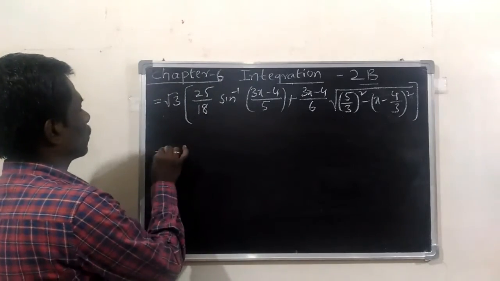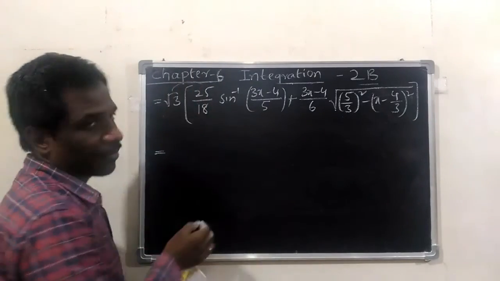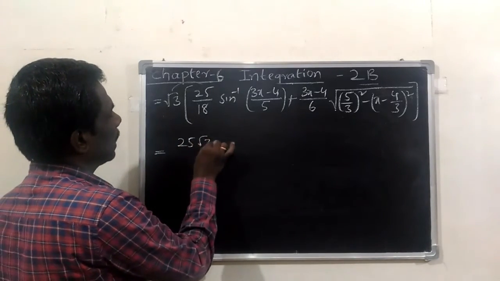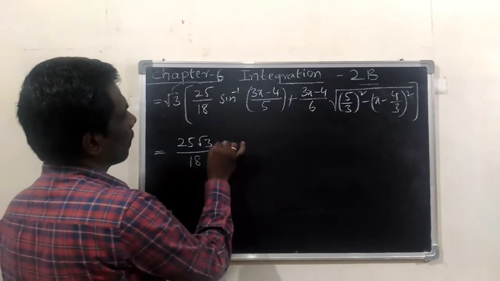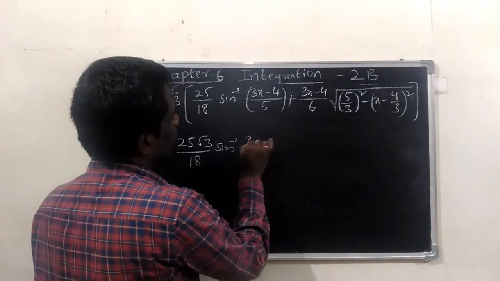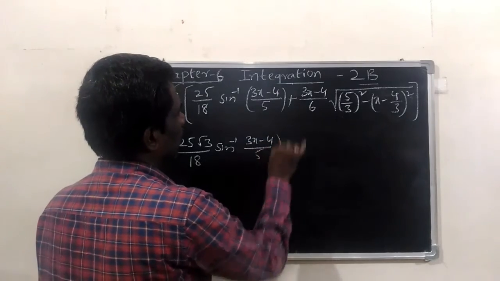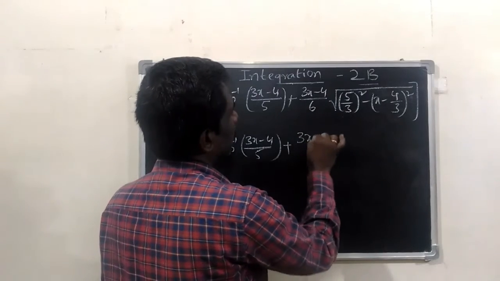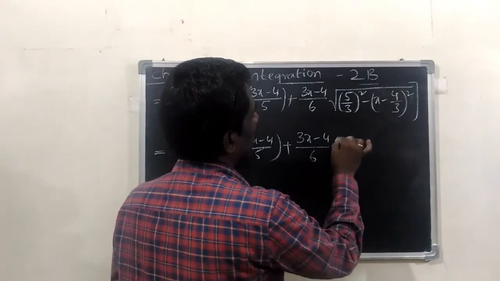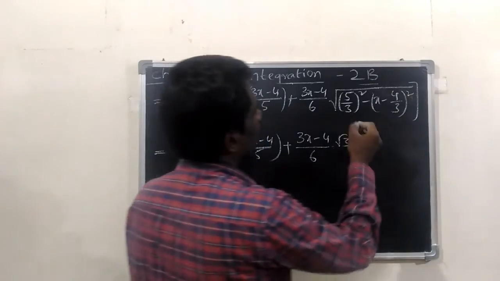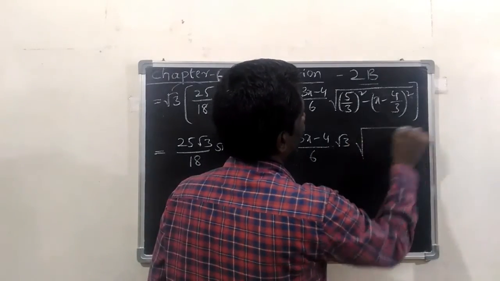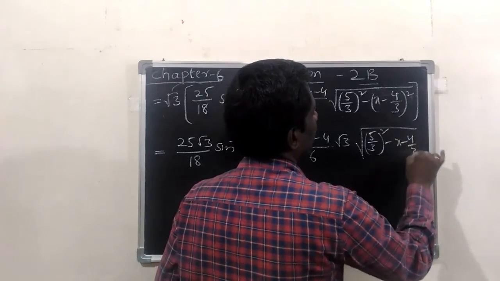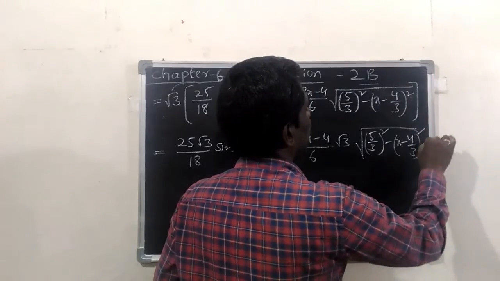See, is equals to, so root 3 multiplying with the first term of the bracket is 25 root 3 by 18 sine inverse 3x minus 4 by 5 and plus 3x minus 4 by 6, root 3 into under root of 5 by 3 whole square minus x minus 4 by 3 whole square, plus constant.